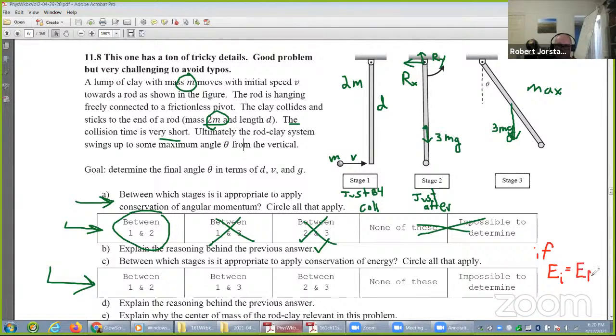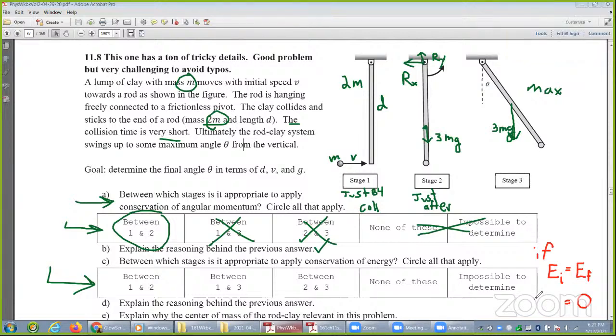It's not force. It's not torque. What do we need to equal 0? Would it have to be torque? Nope.